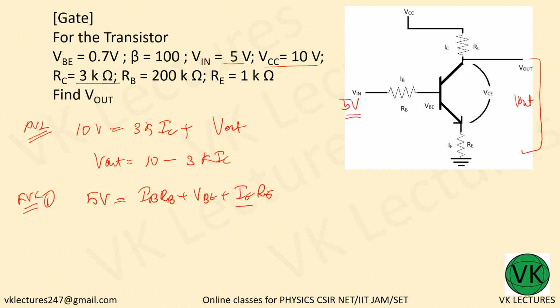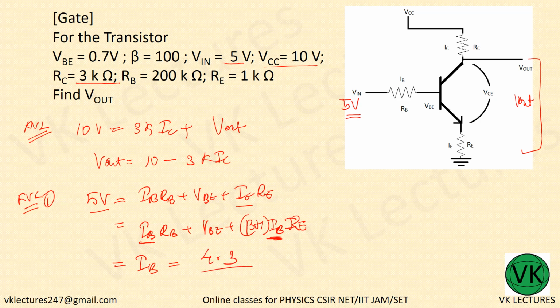You can write (beta plus 1) into IB into RE. From that we can find IB: 5 volt minus VBE, that is 5 minus 0.7, that is 4.3, divided by RB.